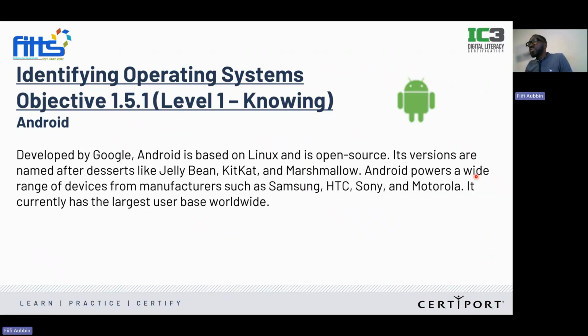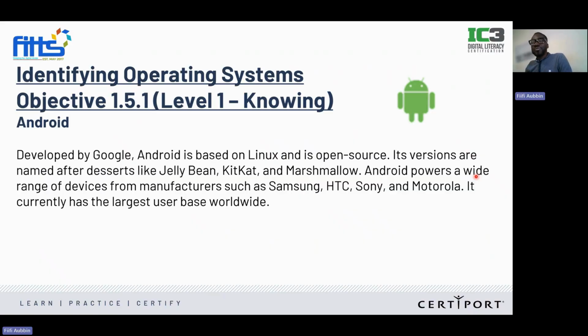Okay. Then we also have Android, which was developed by Google, and it is based on Linux, and it is open source. So if you remember from our previous lesson, we talked about proprietary software and what? Open source. Its versions are named after desserts, like Jelly Bean, Kit Kat, and Marshmallow.